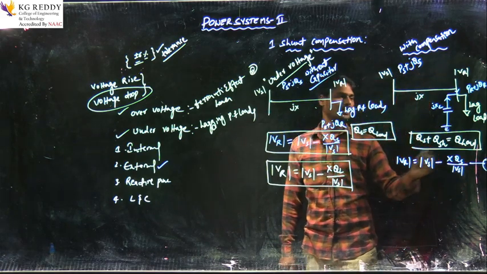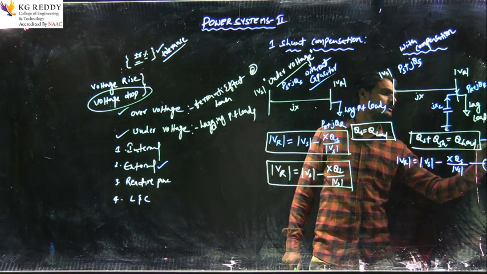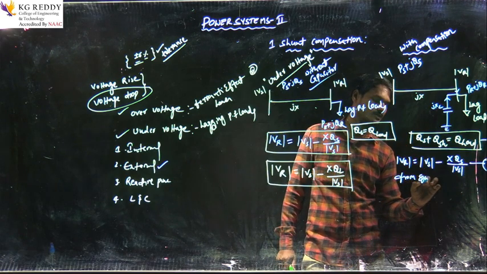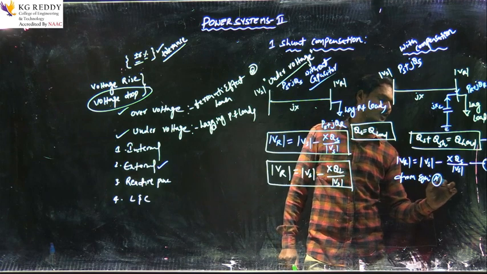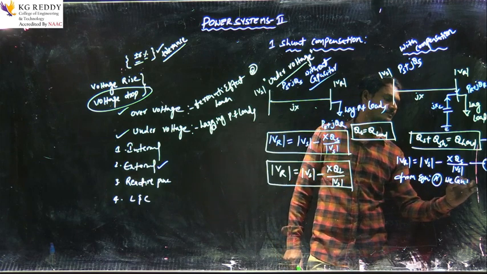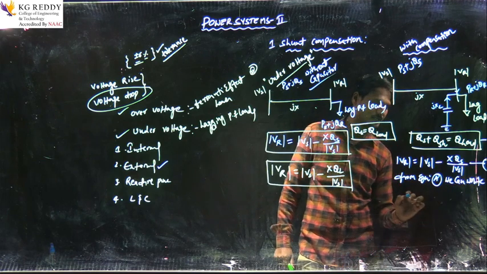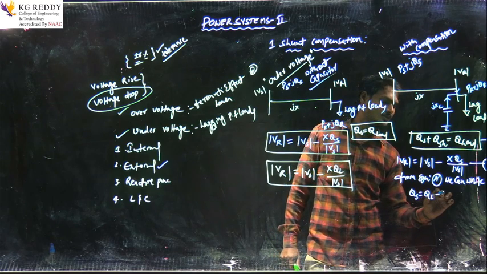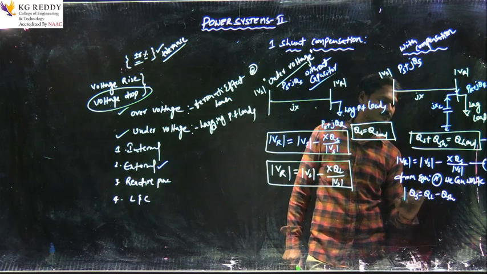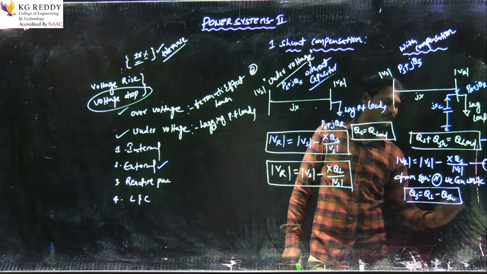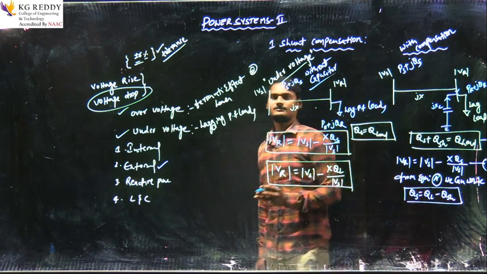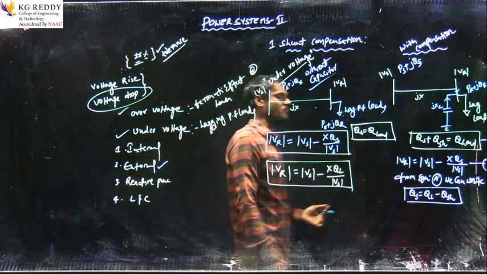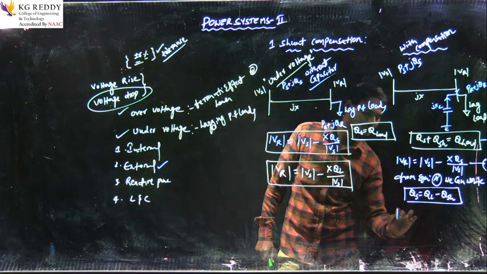Okay. Now from equation A, we can write Qs = QL - QSH. If you substitute the source reactive power in equation number 1, what will you get here?